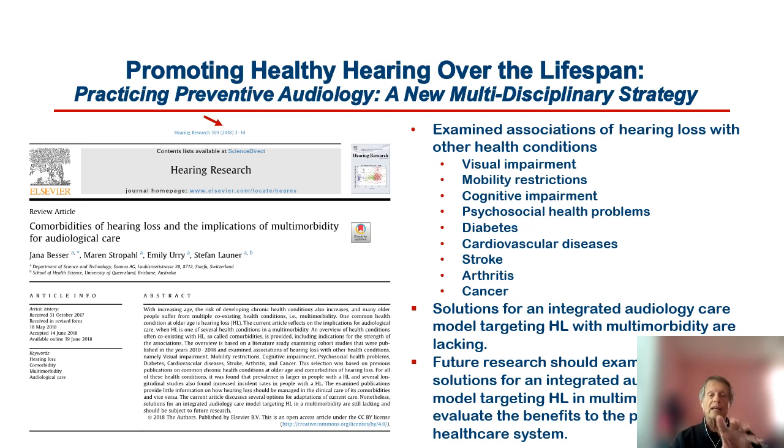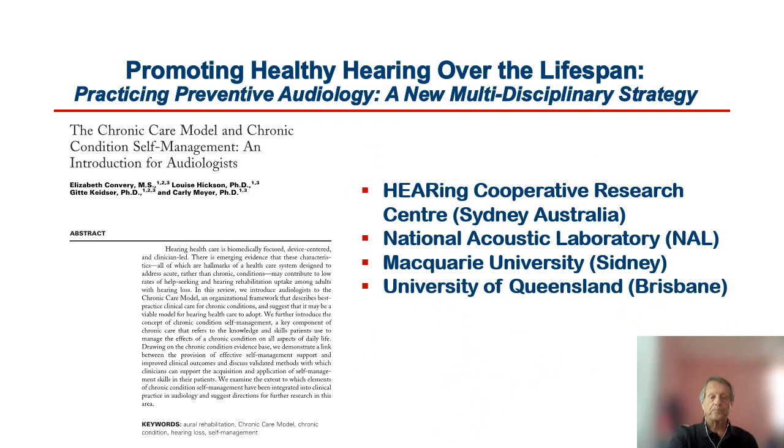So you will find guidelines and kind of a template for this new concept of practicing preventive audiology in the literature. Some of these articles are actually from around the world. They're not just in the United States.